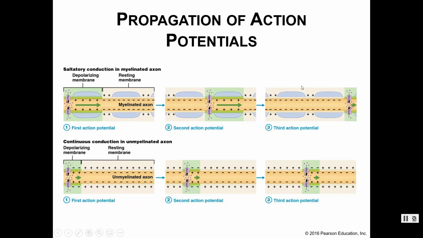Remember, we're skipping over these whole sections of internode. Down here we don't get to do that. We have to depolarize every single section. We're going to have a lot more sodium channels, and by the time our action potential at the top reaches the terminal, we're only about 75% of the way done with the continuous conduction. So getting to skip over these internodes lets our conduction go faster.